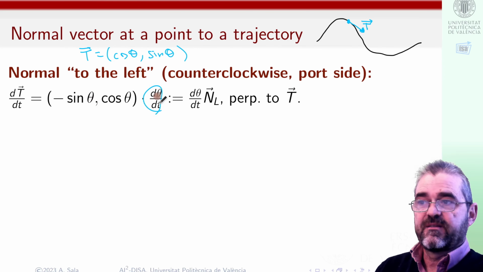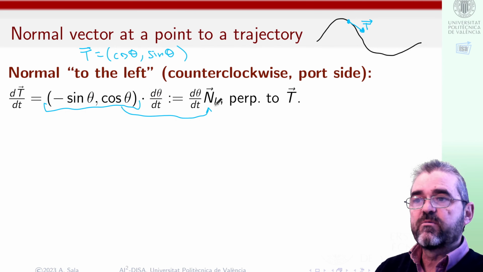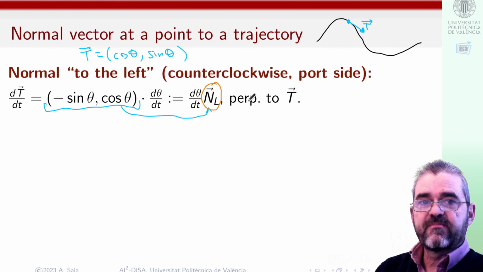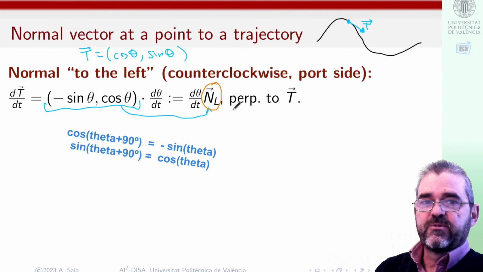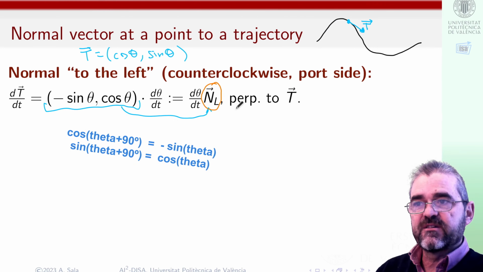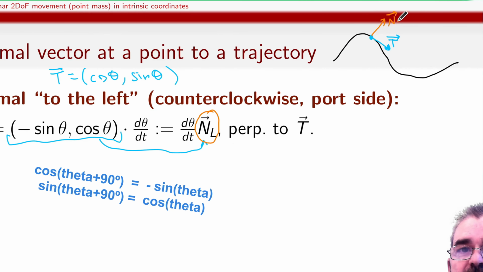Here we have the angular speed of the trajectory. And then this vector, we will call it normal. Well, normal to the port side in a ship, to your left-hand side when you are driving, in a counterclockwise 90 degrees turn. So this will be our normal left.